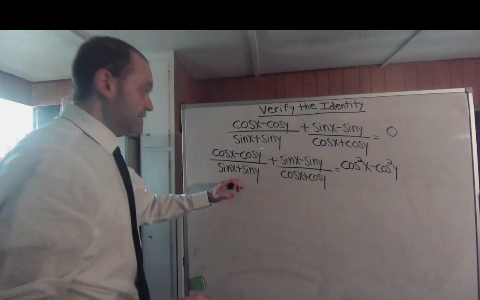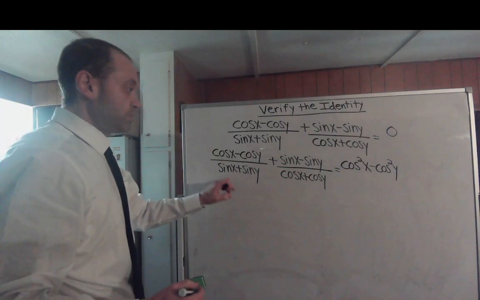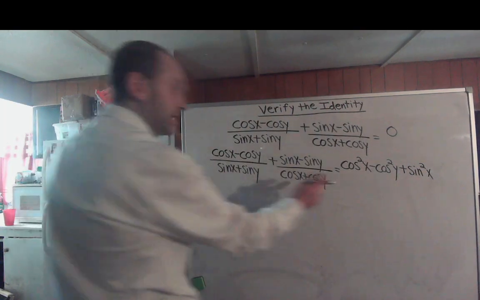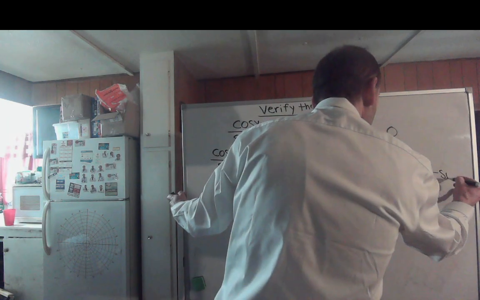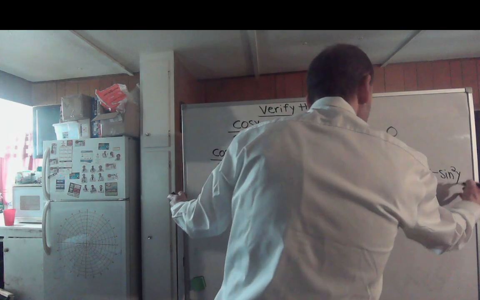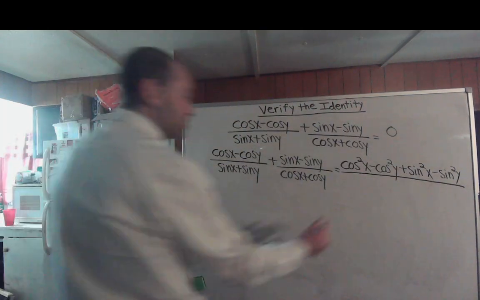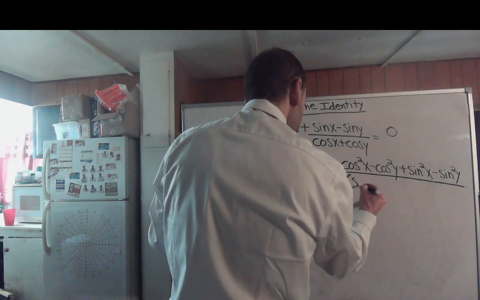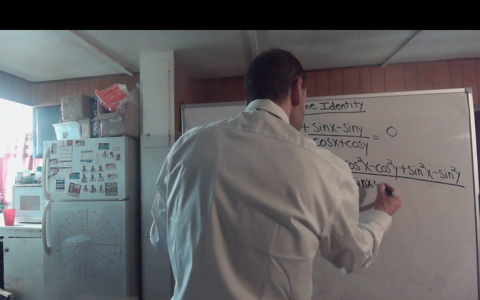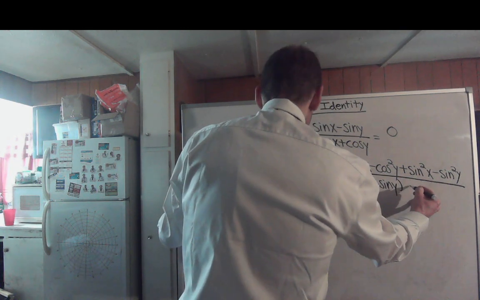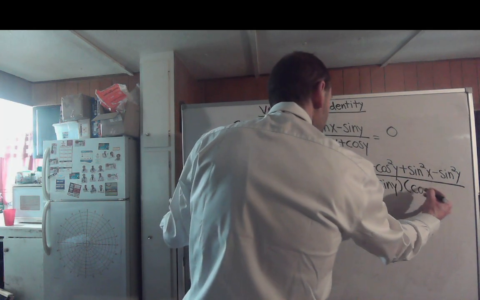And then take this and FOIL with this, so you would end up with plus the sine squared of x minus the sine squared of y, all over these two denominators multiplied together. So the sine of x plus the sine of y times the cosine of x plus the cosine of y.